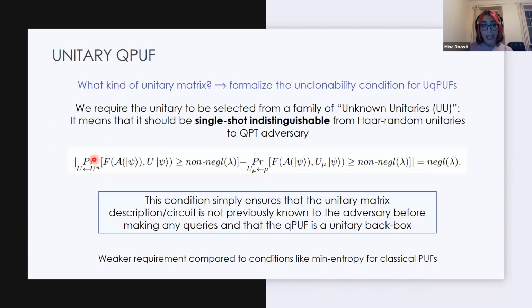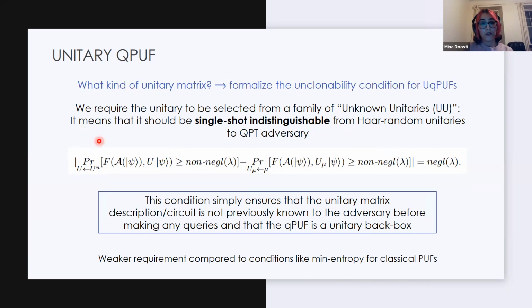But can any unitary be a quantum PUF? Well, no, because there is another requirement, which is actually the physical assumption that we use for the PUF, and this also needs to be formalized. This unknownness or unclonability that comes from the hardware of the PUF, we capture with an assumption called unknown unitary.